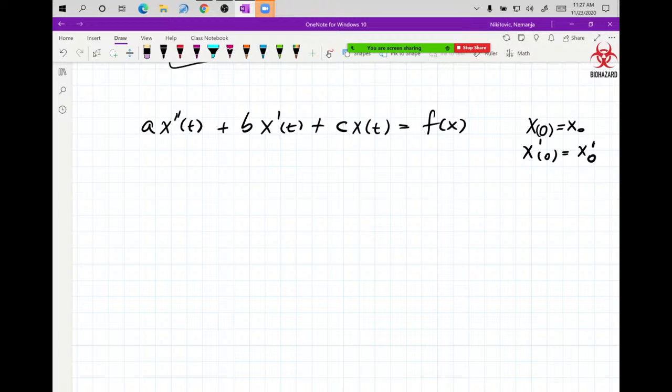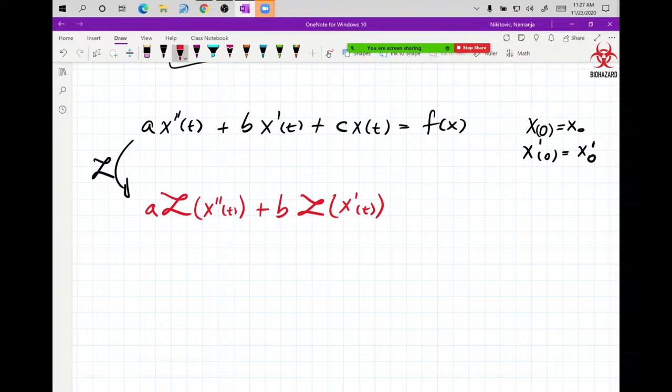Now, you're going to apply Laplace. So when you apply the Laplace transform, you get a Laplace of x double prime of t plus b Laplace of x prime of t plus c Laplace of x of t equals Laplace of f of t.